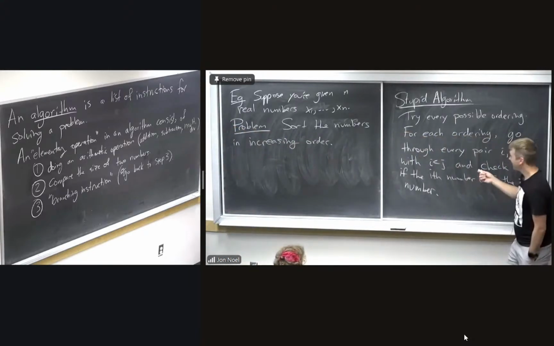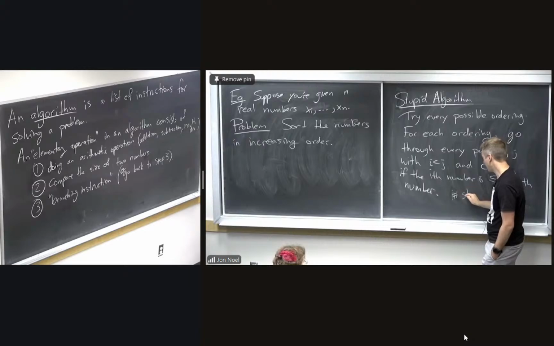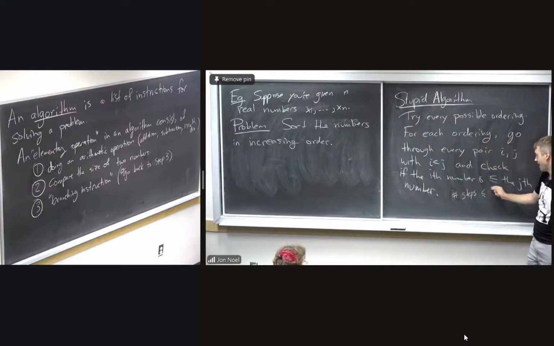If you go through every possible ordering, there are n factorial possible orderings, and for every single one I'm checking every pair, which is silly. I could just check consecutive pairs, but I'm even doing worse. So the number of steps, as an upper bound, is at most n choose 2 times n factorial.